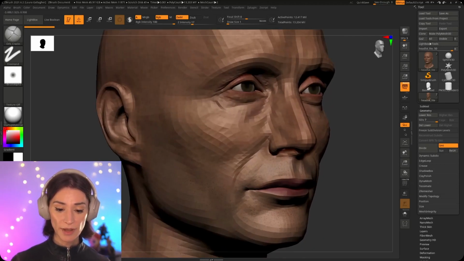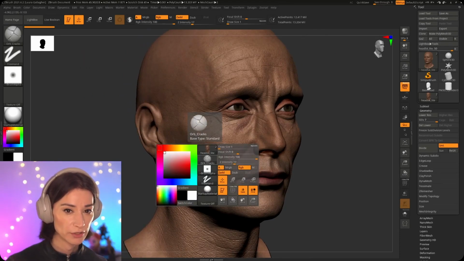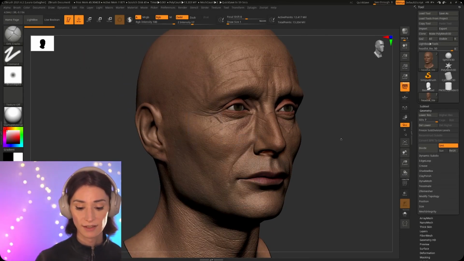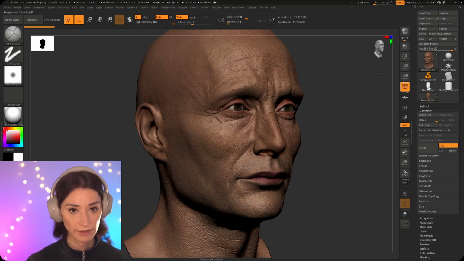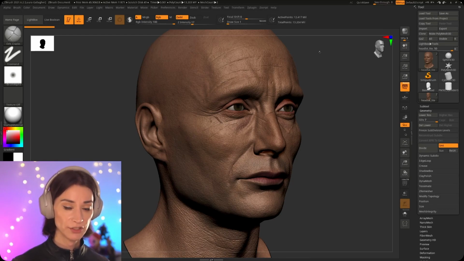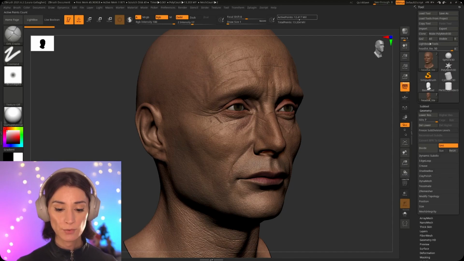If you get to about 12 million polygons for your face, you're in a pretty good spot. You'll be hard pressed to get advantage out of having more polygons over your surface.